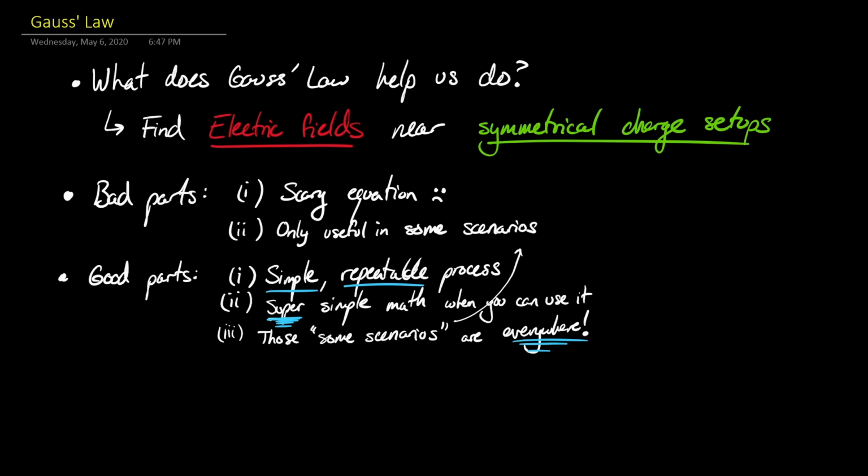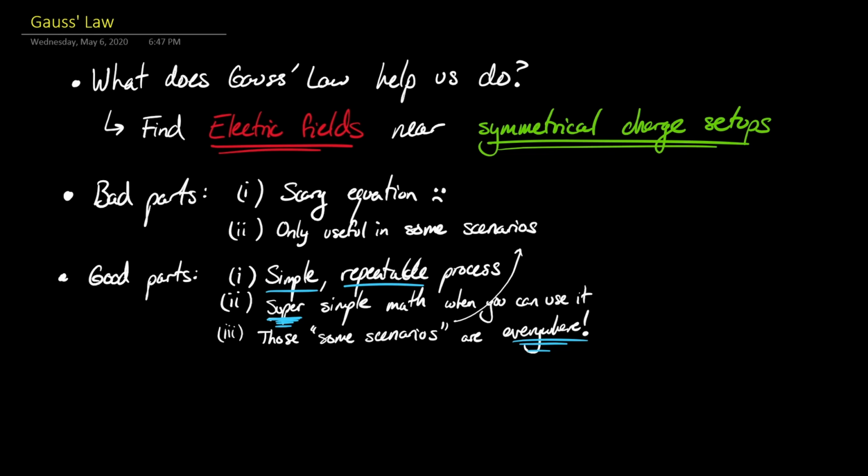Now, as always, it's really useful to keep in mind through the whole process of learning it what Gauss's law helps us do. The answer is that Gauss's law is going to help us find electric field strengths near not any object, but some restricted class of objects. Specifically, it's only going to be near pretty symmetrical charge setups.